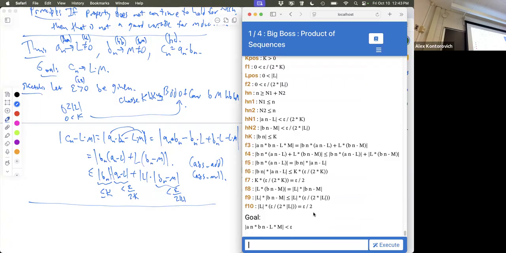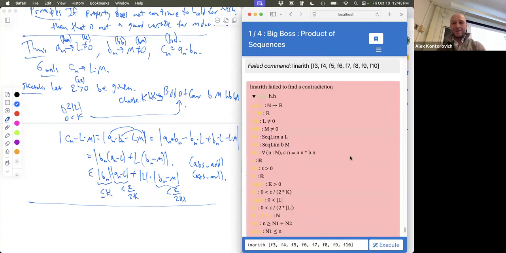Now linarith will chain F3 with F4, with F5, with F6, with F7, with F8, with F9, and with F10. F3 to F10.